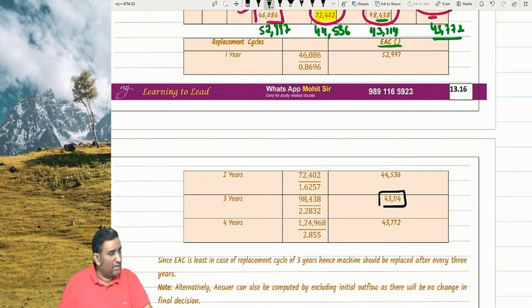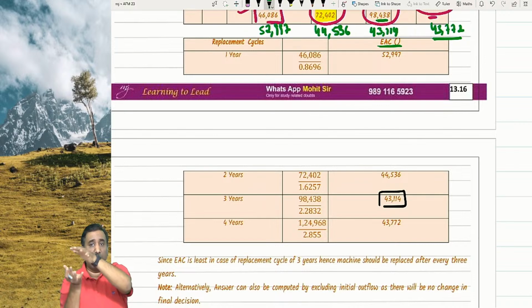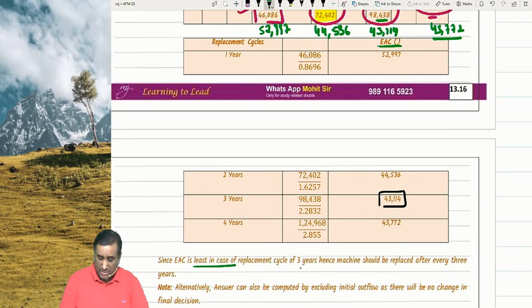Only thing I have taught you here is how to look at the data. 60,000 first year. First task is calculate the cash flows: 2 year, 3 year, 4 year running cash flows. Bring them to present value and then divide by the annuity factors, and you get this. EAC is least in case replacement cycle is how many years? 3 years, should be replaced after 3 years.